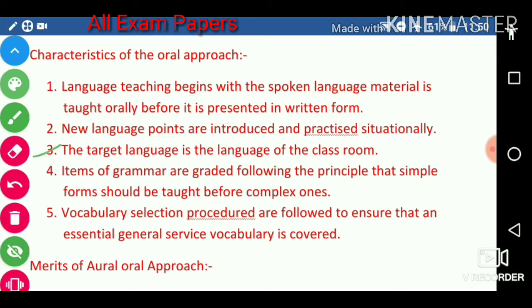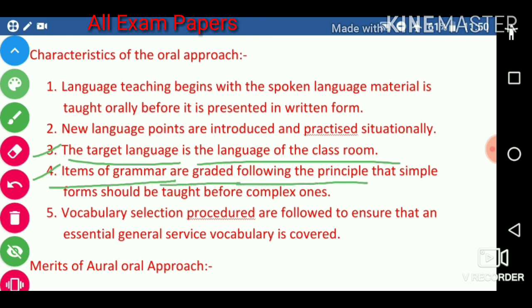Next, the target language is the language of the classroom. Next, items of grammar are graded following the principle that simple forms should be taught before complex ones.